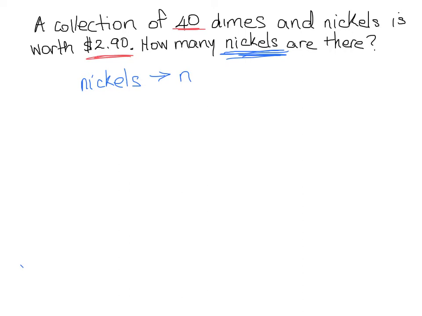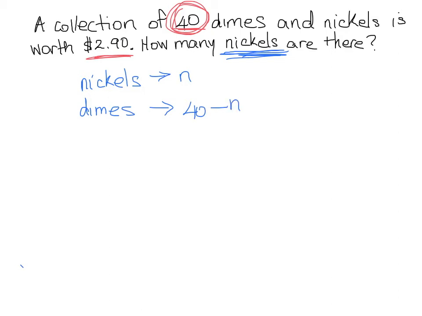All right, so now that we know that nickels is represented by n, here is the key to unlocking this problem, to figure out an expression for dimes. Well, remember that there are 40 coins in all, and we know that n of these coins are nickels. Everything else out of the 40 will be dimes, which means then that there are 40 minus n dimes.